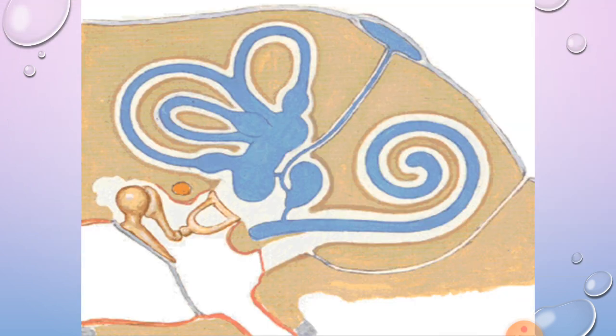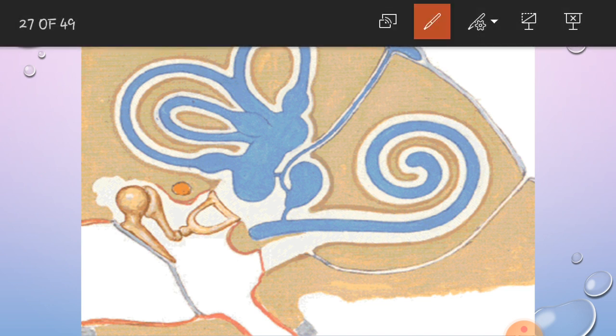Okay, this is another diagram, and we've discussed this many times. Just for quick revision, this is utricle, this is saccule. These are semicircular ducts lying within the semicircular canals. This is the cochlear duct making 2.5 turns within the bony cochlea.